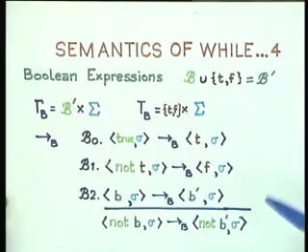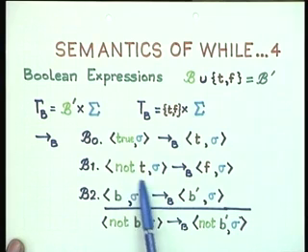So here again we defined the evaluation of Boolean expressions in a left to right manner. Of particular interest is this unary operator, which we did not encounter in the expression language.